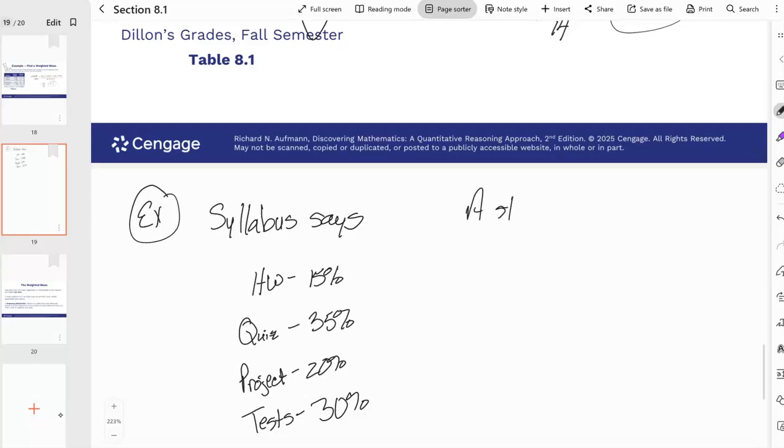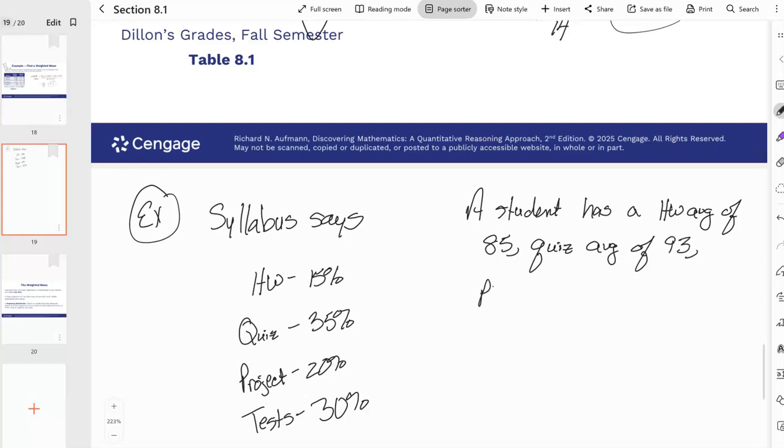So let's say a student has a homework average of 85, quiz average of 93, project average of 74, and test average of 81.